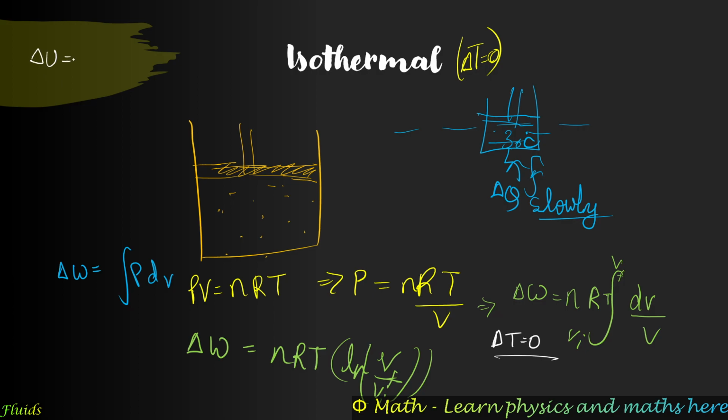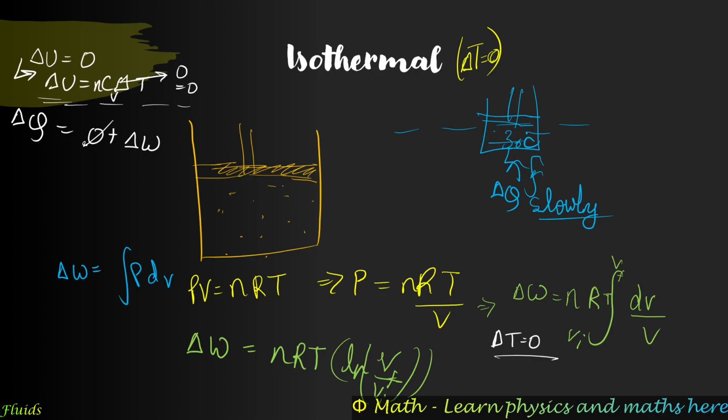Delta U is the change in internal energy, and we know that delta U is equal to nCv delta T. Delta T is equal to 0, which means the internal energy change is equal to 0. I've just proved it. So now, because the internal energy change is 0, delta Q is equal to 0 plus delta W, which is just delta U plus delta W, but in this case delta U is equal to 0.